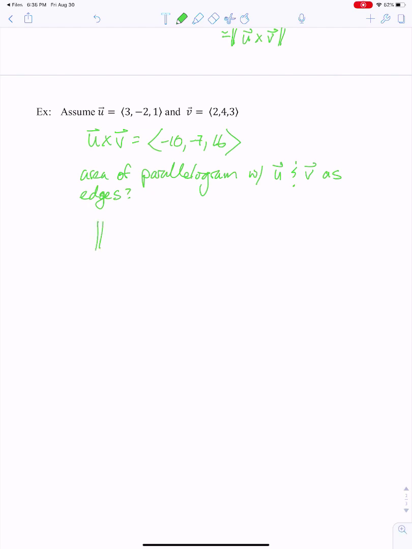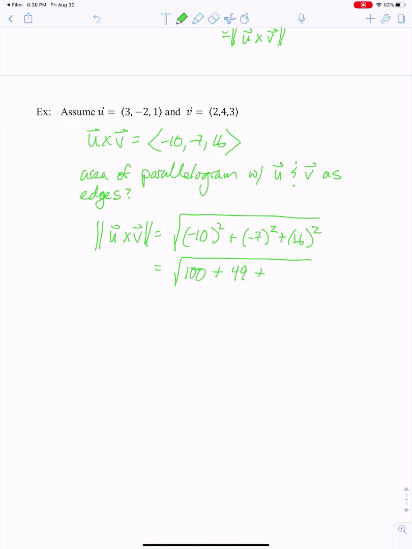Well, it's just the magnitude of u cross v, which is the square root of negative 10 squared plus negative 7 squared plus 16 squared. So that's the square root of 100 plus 49 plus 256, which is the square root of 405.